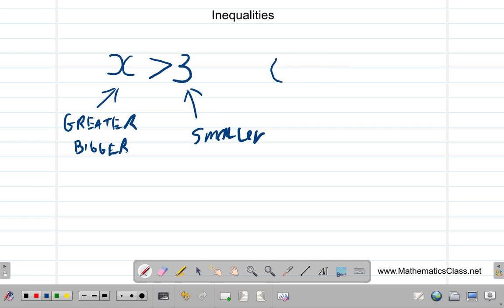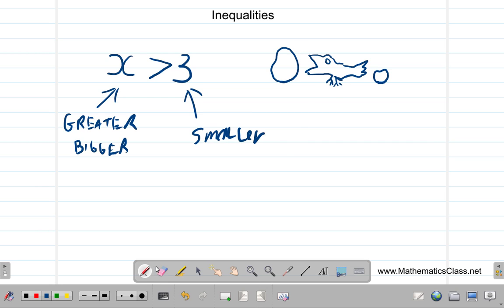It's like a bird. The bird sees two foods, a big food and a small food. So the bird turns its beak to the bigger food because it wants to eat more, and turns its back to the smaller food.